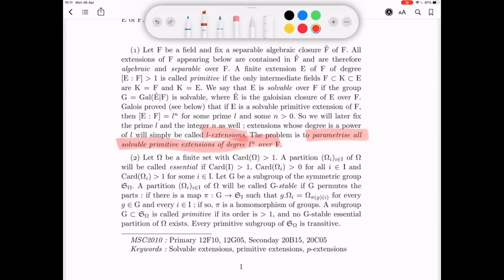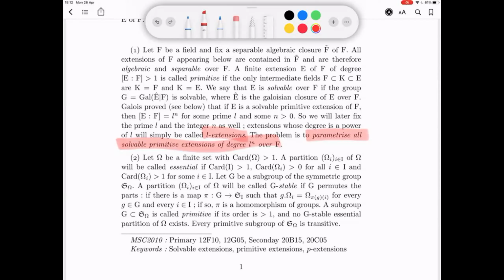Today, we still have the field F and a prime L, and we are going to parameterize all solvable primitive extensions of degree L to the n. So the earlier case is n equal to 1.